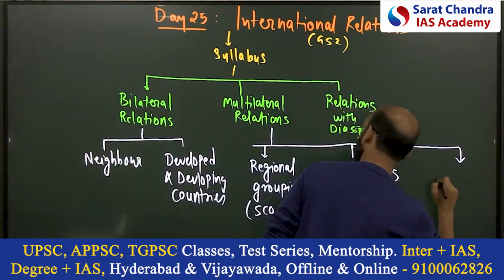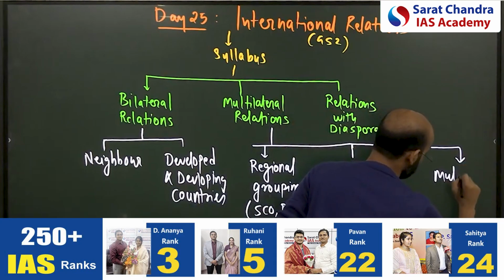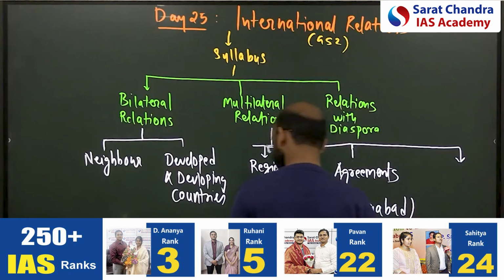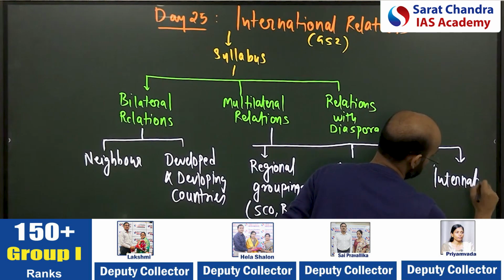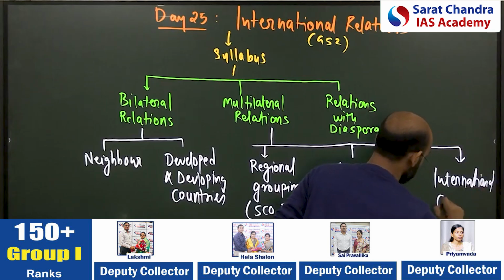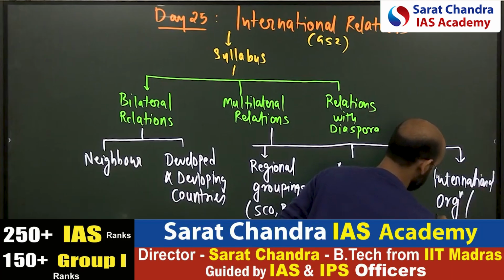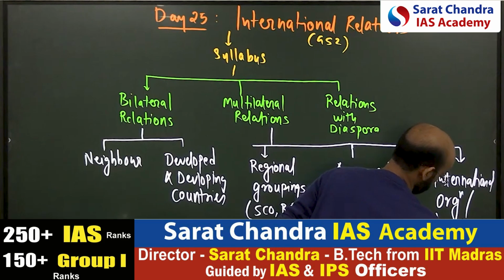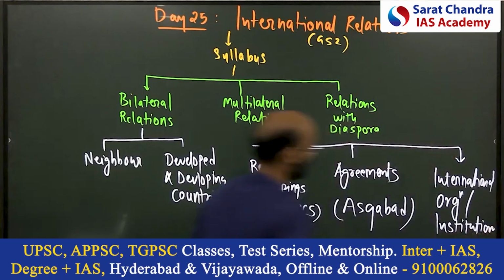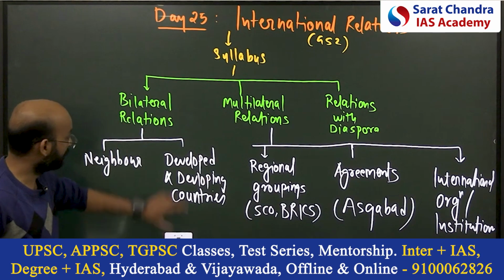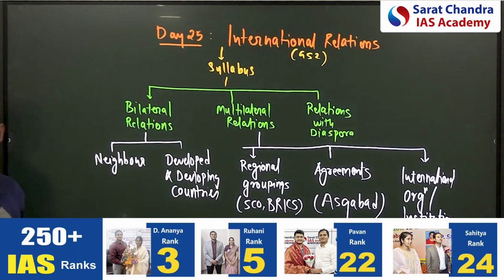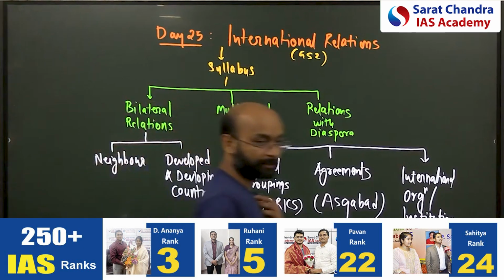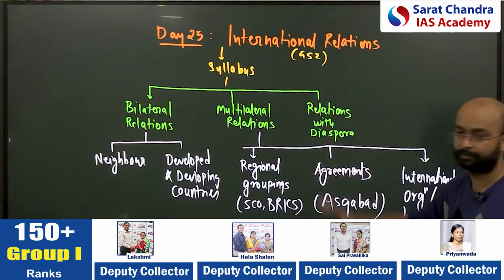Then you have international organizations or institutions like WTO, IMF, World Bank, others. So the whole international relations can be summarized in this manner.